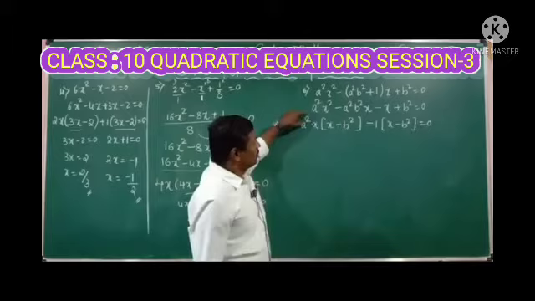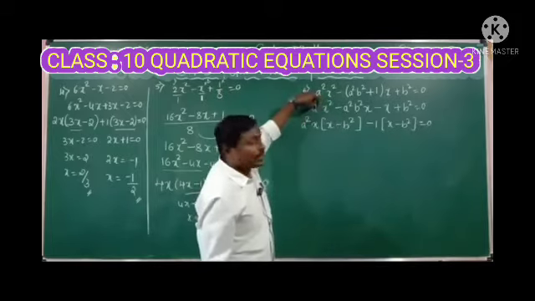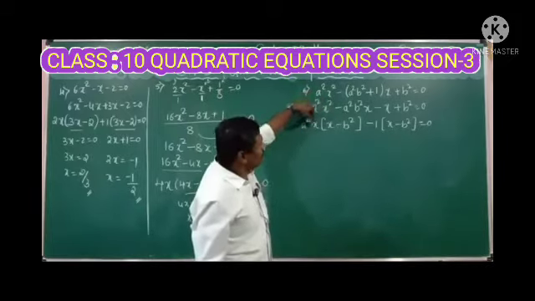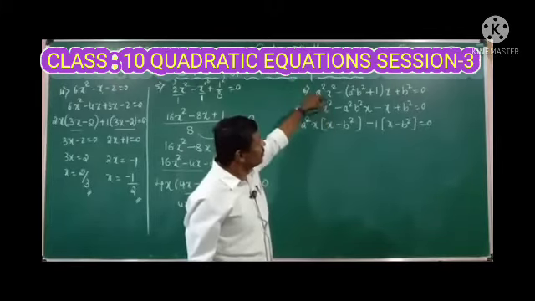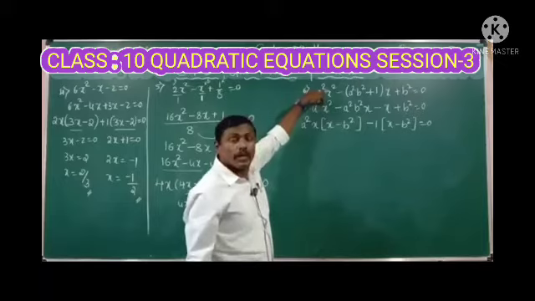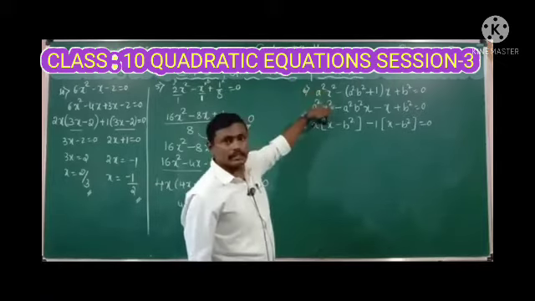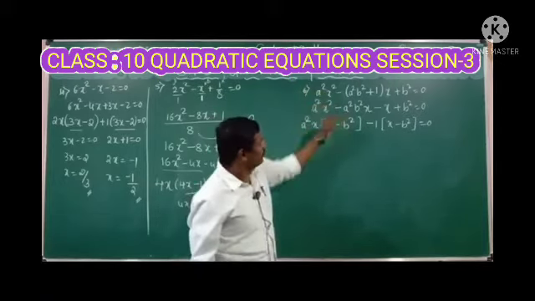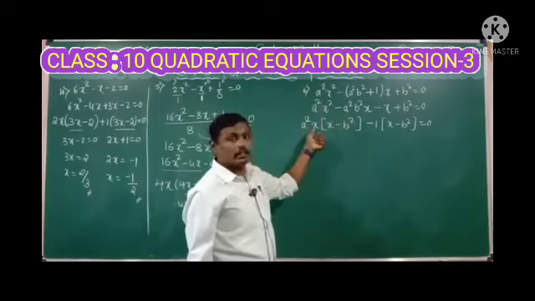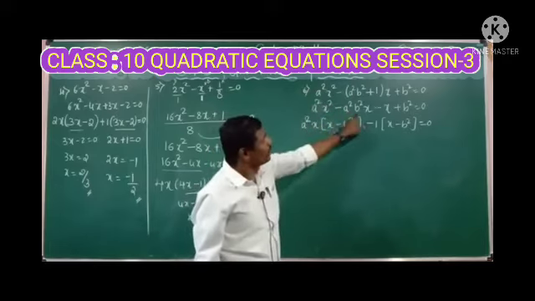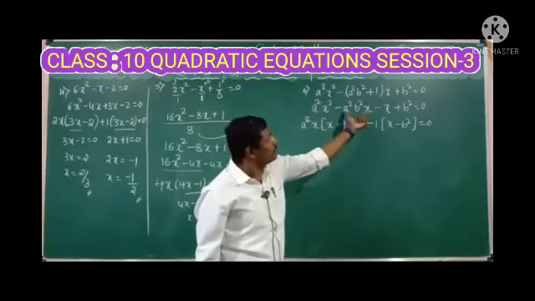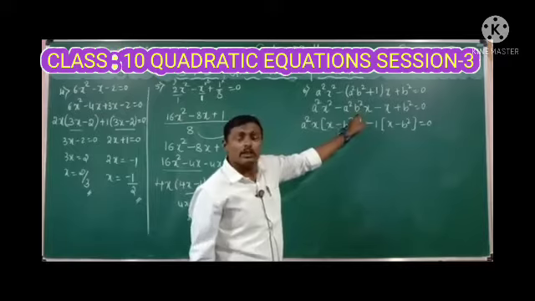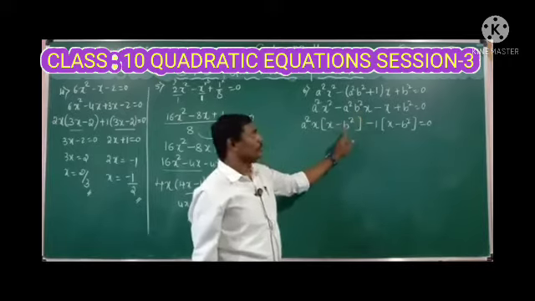Here in the first two terms, I am taking a square x as a common term. If I take a square x as a common term, 1x is remaining here, that is the x. Next, in the second term, a square x is a common term, so the remaining term is b square.